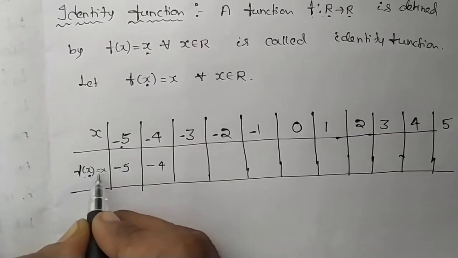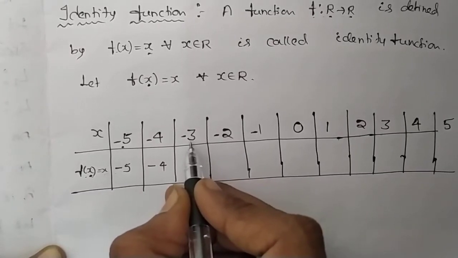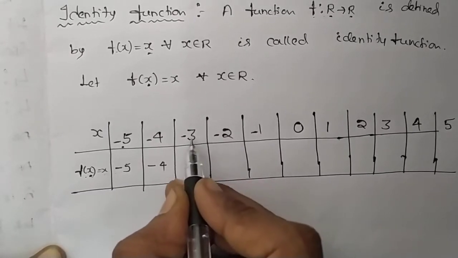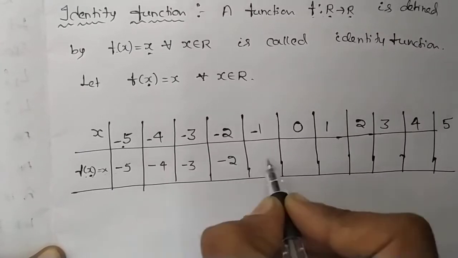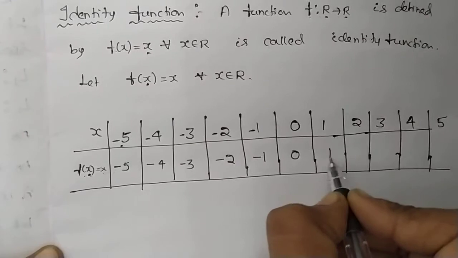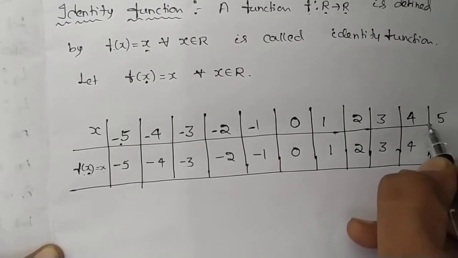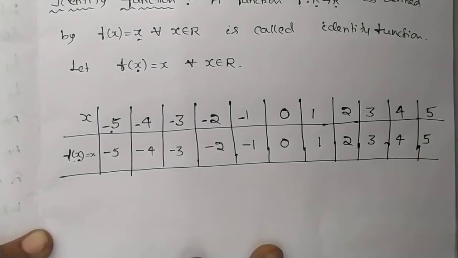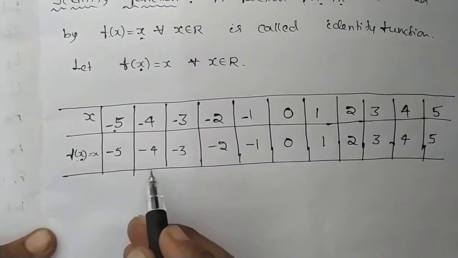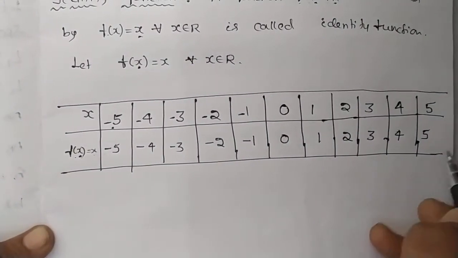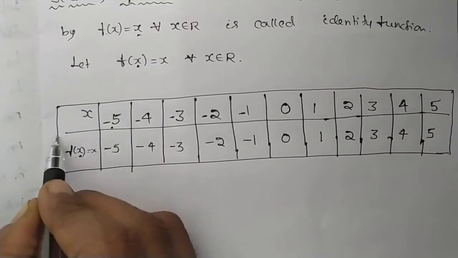Output is also -4. If x is -3, then f of x is also -3. It is -2, -1, 0, 1, 2, 3, 4, 5. It is the table which belongs to an identity function.